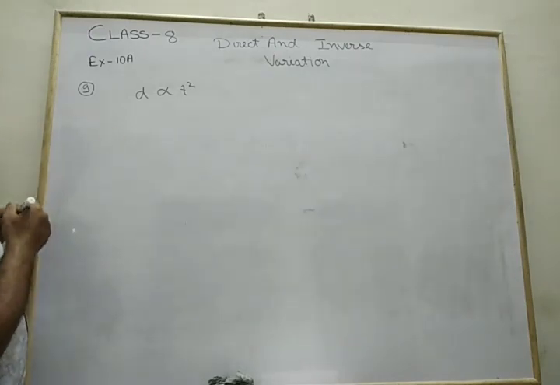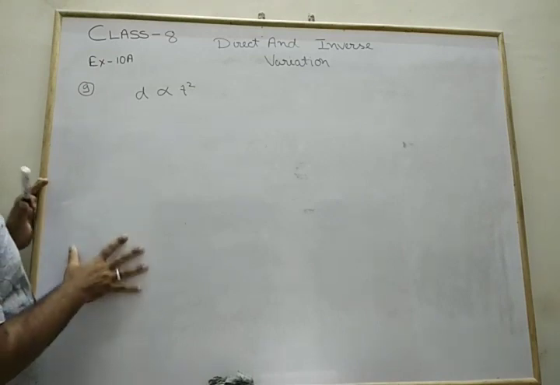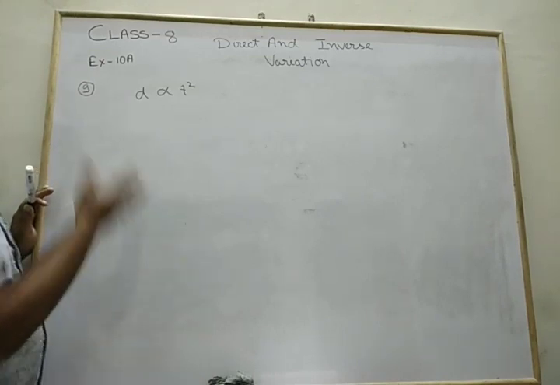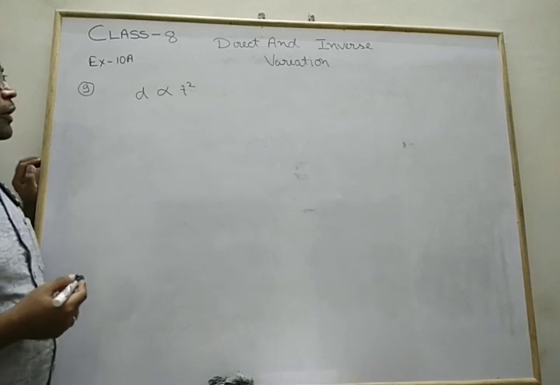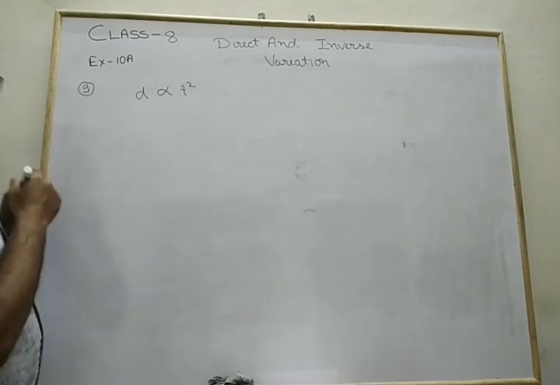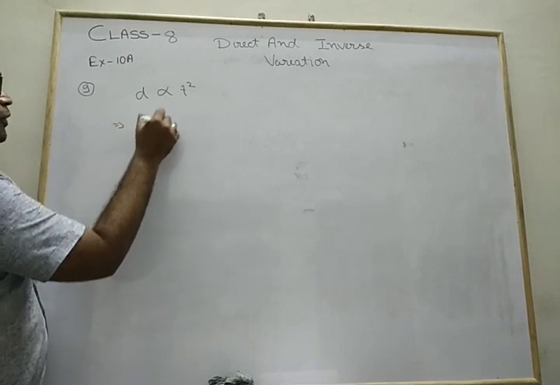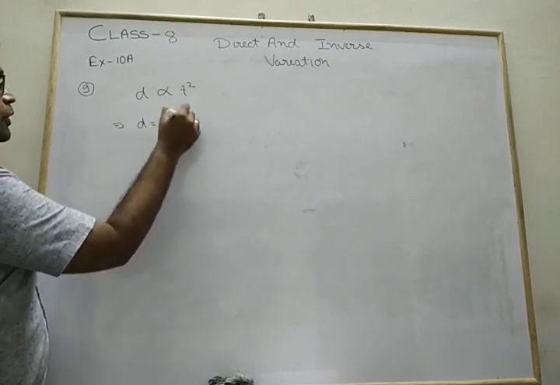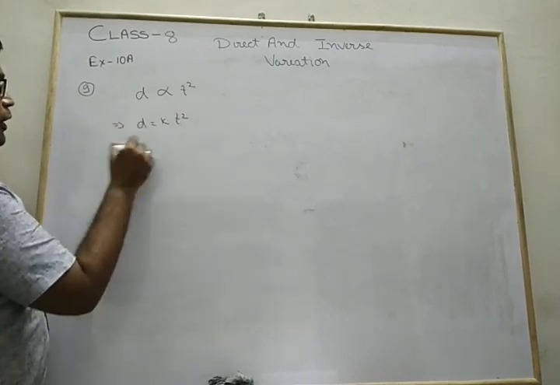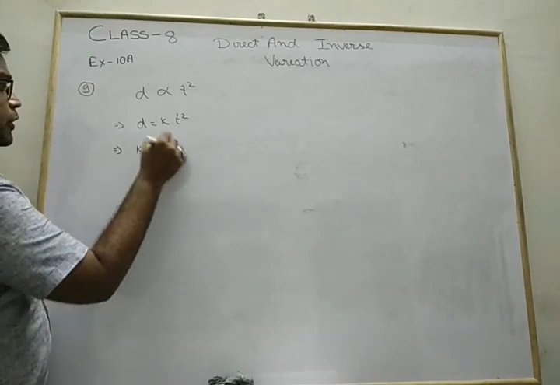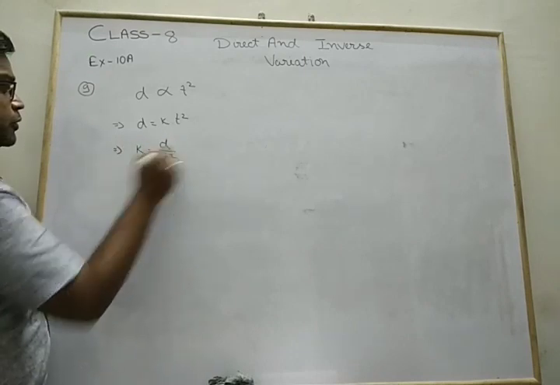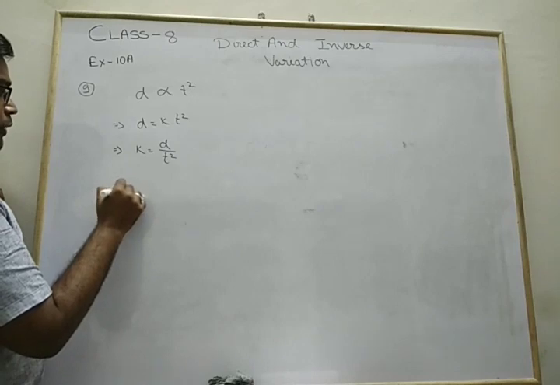You can solve this by using the alternative method or the constant method. I am going to solve this by the constant method. So therefore we can say d equals k into t square, or k equals d upon t square. Find out the value of k.